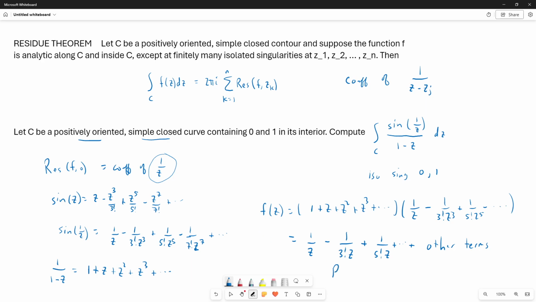So our residue of f at 0 is the coefficient of 1 over z, which is itself an infinite series: 1 minus 1 over 3 factorial plus 1 over 5 factorial minus 1 over 7 factorial would be next, etc. So what does this series equal?